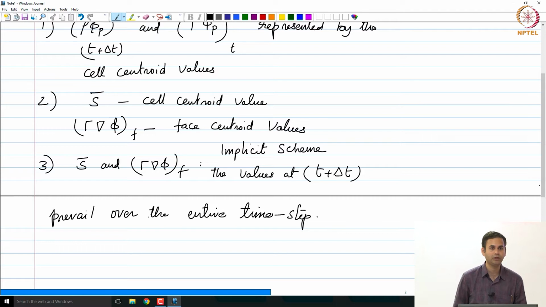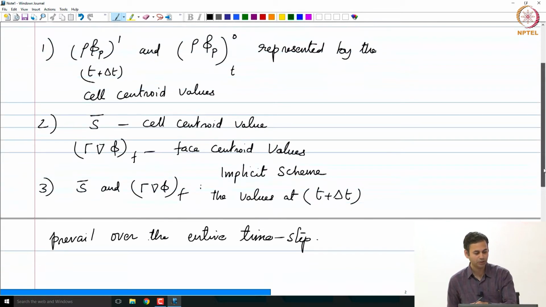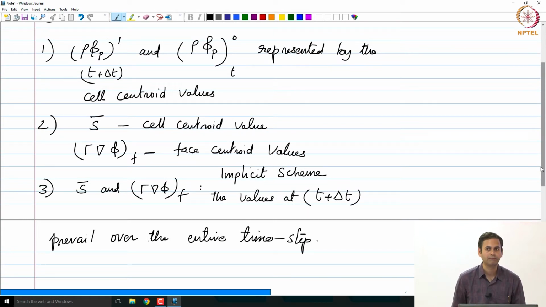Have we made any other approximations in discretizing the equation? That is all, right. We had an unsteady term and the diffusion and the source terms. Both of them, we said either the t values or the t plus delta t values prevail over the entire time step, and if you consider an implicit scheme, it is the t1 values, right.